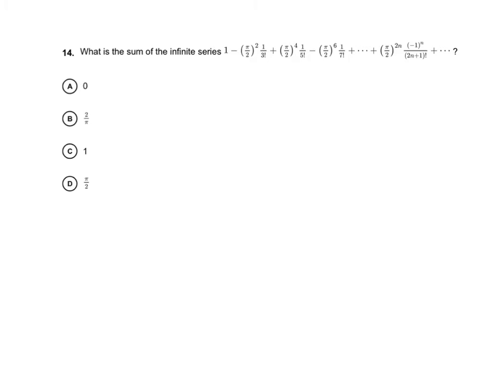Okay, so this next one, they're asking for the sum of this infinite series. First off, we notice that it's some kind of series with pi over 2 plugged in. So let's rewrite those as x's first. This is like 1 minus x squared over 3 factorial plus x to the 4th over 5 factorial, minus and so on.